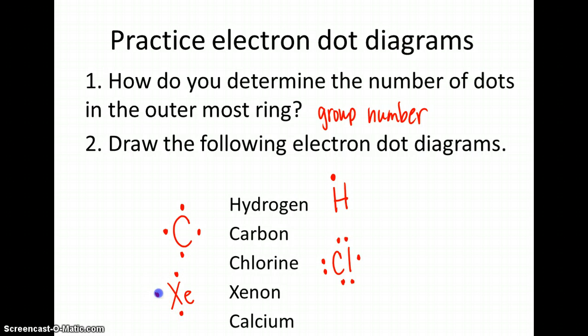This is going to get a total of 8 electrons. So top, bottom, left, right, and xenon is completely filled with electrons. My last element, calcium, then has the symbol Ca. Calcium is in group number 2, so I get 2 dots, 1 on top and 1 on bottom.